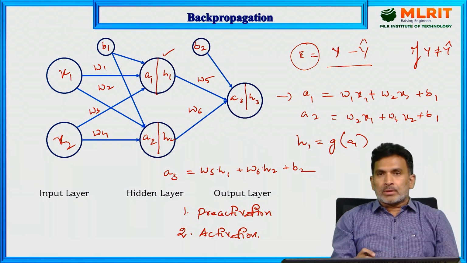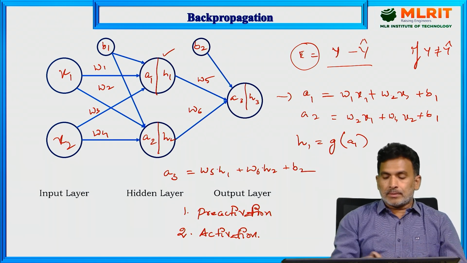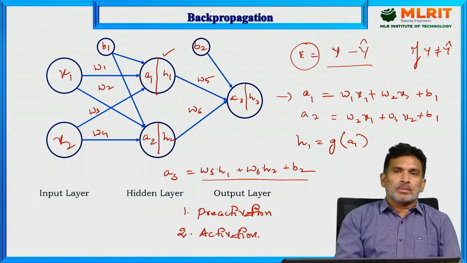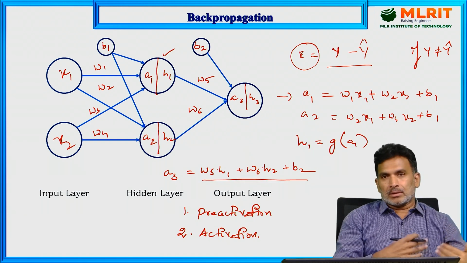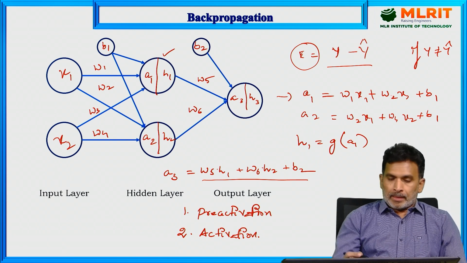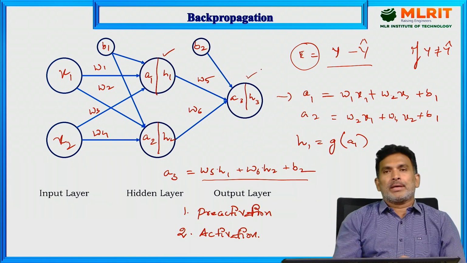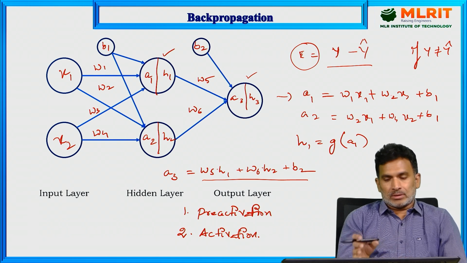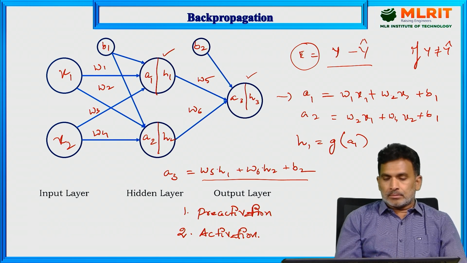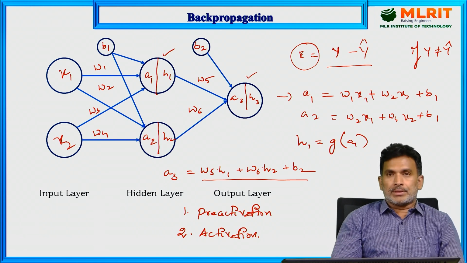This is the information received from the inputs and the corresponding weights and then the bias term at this output neuron, with only one neuron in this output layer. Then H3 is obviously G of A3.